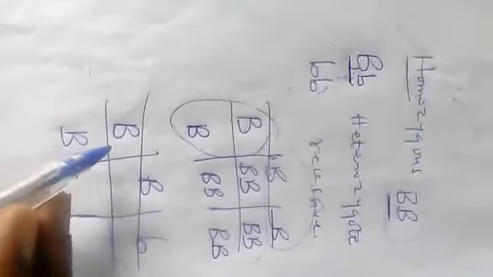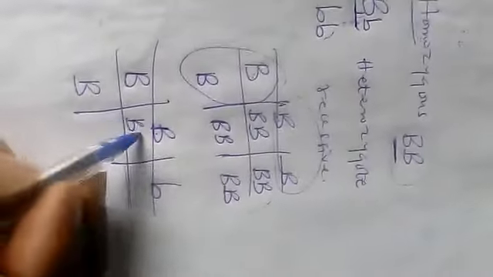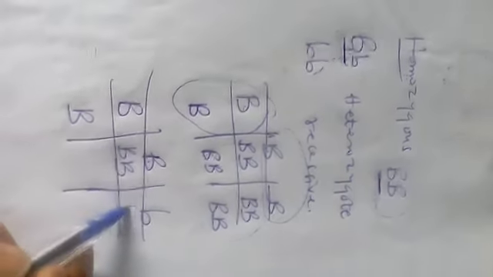Hetero means different, as I said earlier. When it crosses, this will give you BB, Bb, BB, Bb.